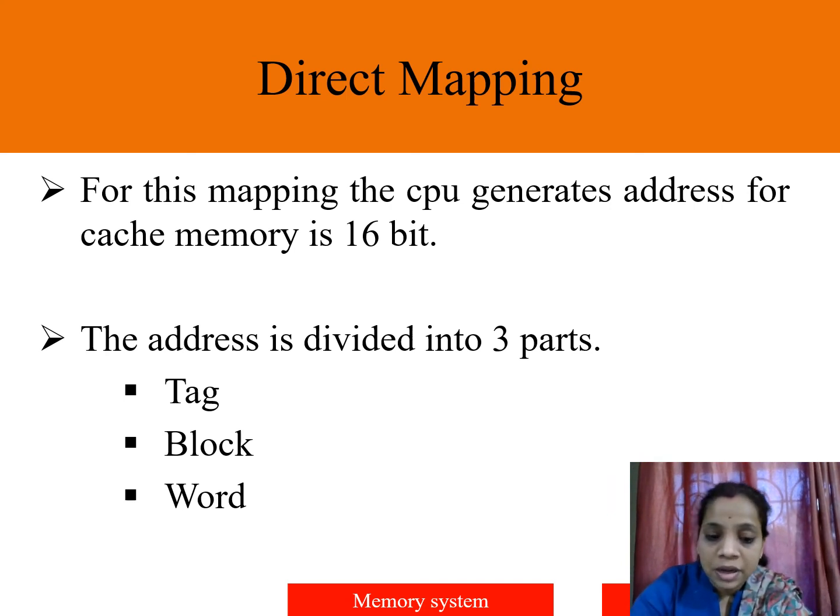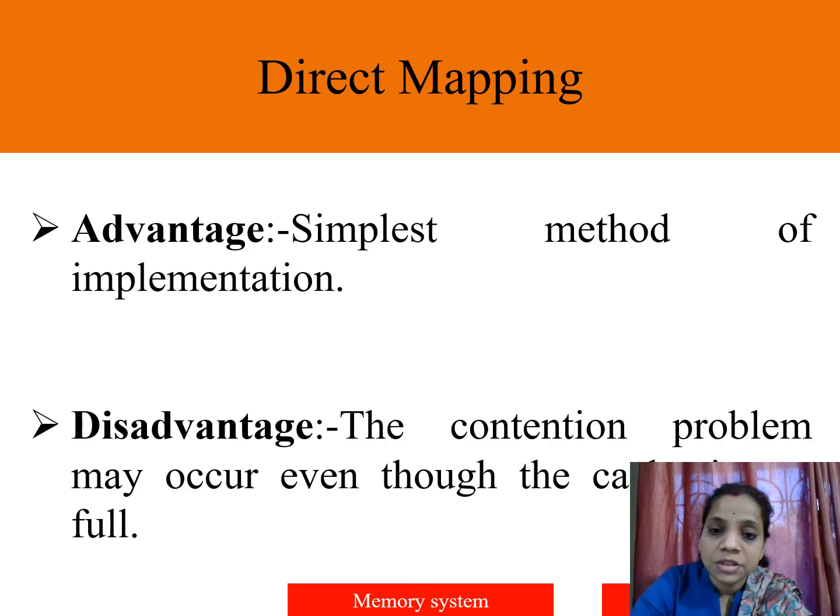Now the next is the advantage. Obviously, it's the simplest method, because we just put the formula and implement it. And the disadvantage is that there will be a contention problem.